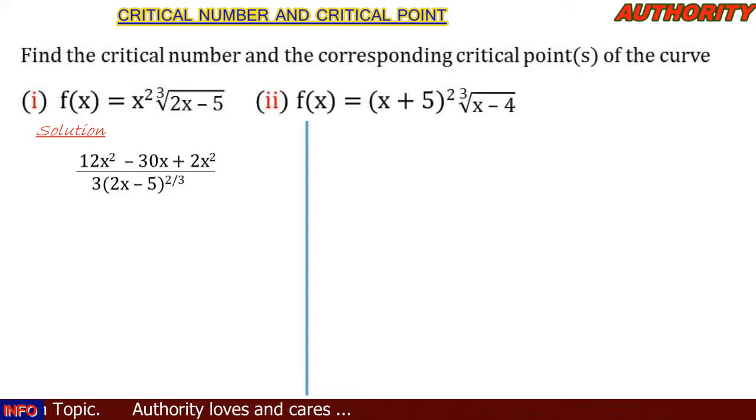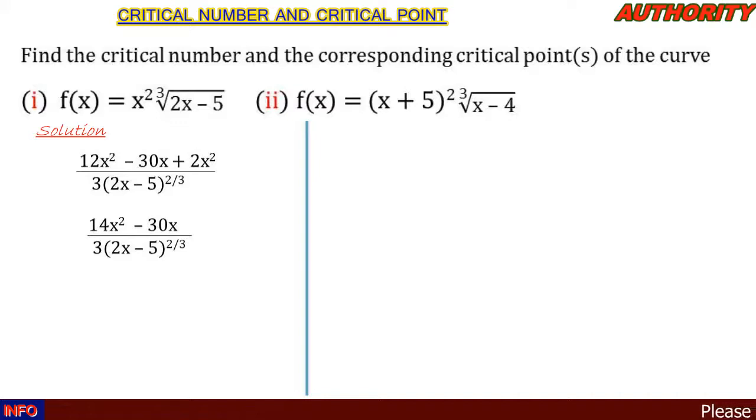So when we say 12x squared plus 2x squared, it's going to give us 14x squared minus 30x. Now we have all over 3 (2x minus 5) raised to power 2 all over 3. Now in our numerator, let's factor out 2x squared.